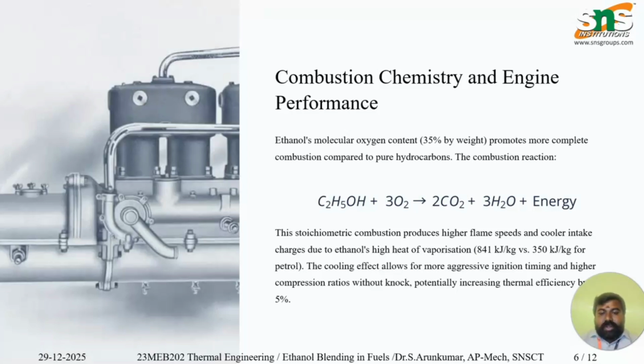This stoichiometric combustion produces a higher flame speed and cooler intake charges due to ethanol's high heat of vaporization, in the range of 841 kJ per kilogram versus 350 kJ per kilogram for petrol. The cooling effect allows for more aggressive ignition timing and higher compression ratio without knock, potentially increasing thermal efficiency by 3 to 5% compared to without blending.